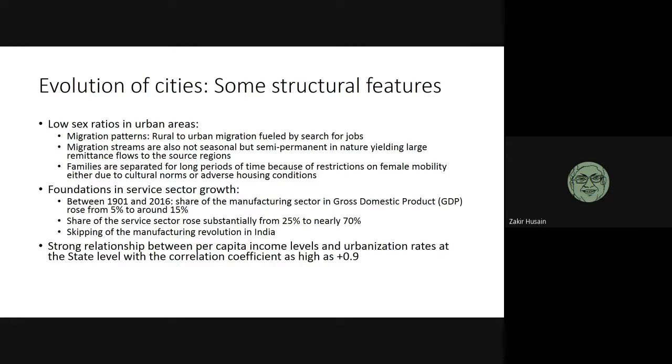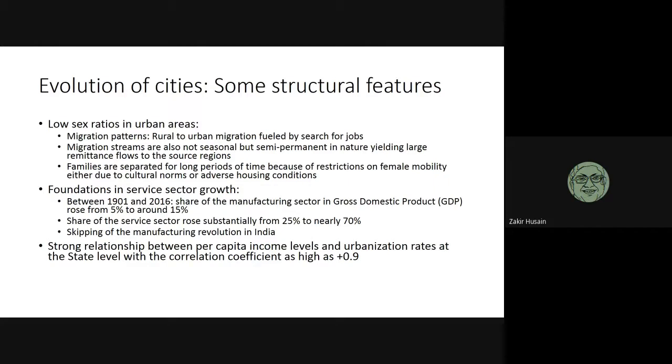Can you guess what is the most important reason for migration in India? So employment opportunities. No. I would also have answered the same way 1 or 2 years ago, but it's not employment opportunity. It is marriage. Marriage is the most important reason for migration.